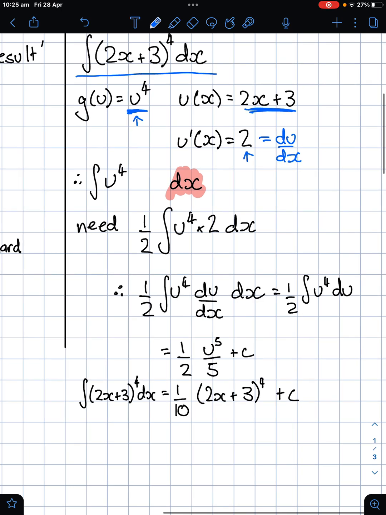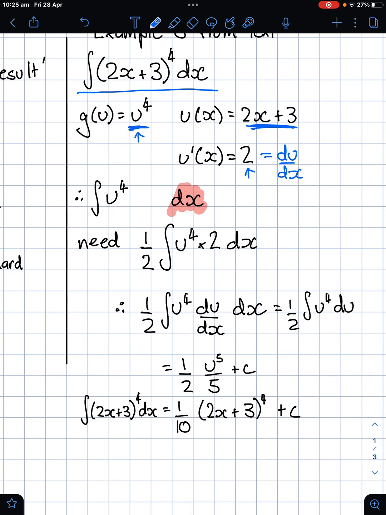So at the moment, if I sub u equals 2x plus 3, we end up with this u to the power of 4. I swap out the 2x plus 3 and I get u to the 4, but it's with respect to x here, which we don't want. We need to change it to respect to u, and this is where this derivative comes in. I need to have this 2 in here.